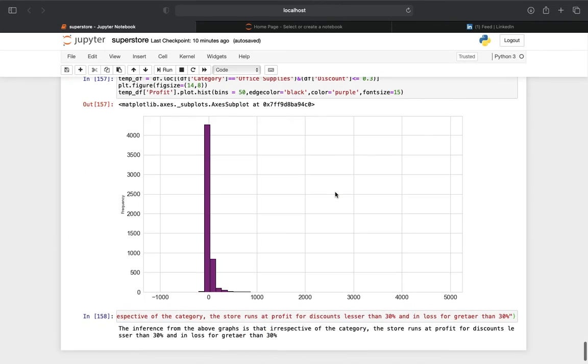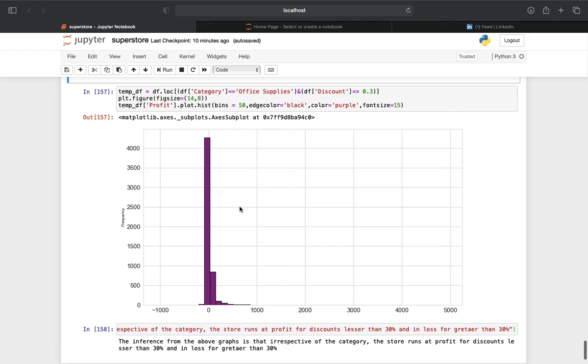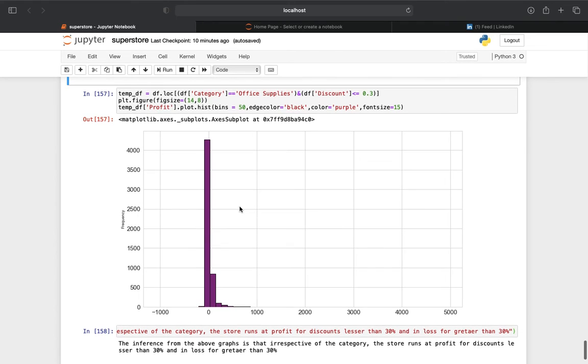For office supplies and discount lesser than 0.3, this was the graph. So, irrespective of the category, the store runs at maximum profit for discounts lesser than 30%, and as soon as it touches 30%, they are in loss.